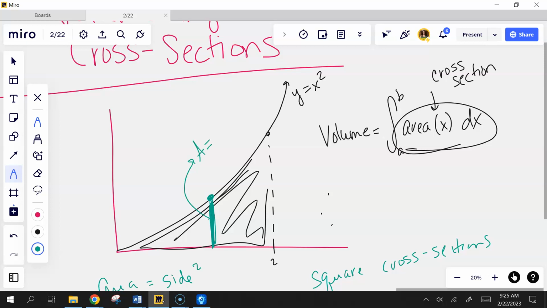Okay, what point is that? General. I want general. It's y. What is y? x squared. General, right? The area of one cross section is x squared squared.